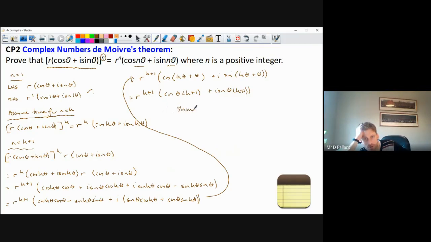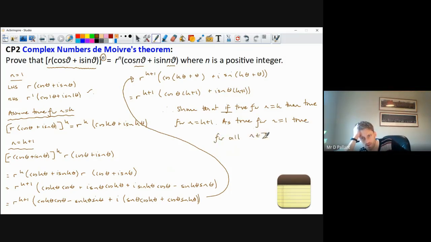Therefore, shown that if, that's the key word there, if true for n equals k, then true for n equals k plus 1. This if is really important. As true for n equals 1, true for all positive integers. Right, good.